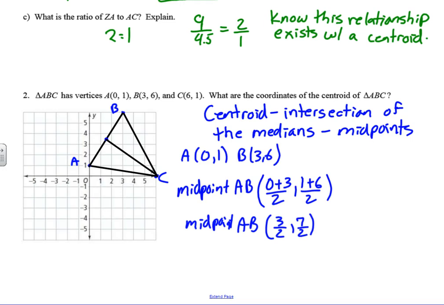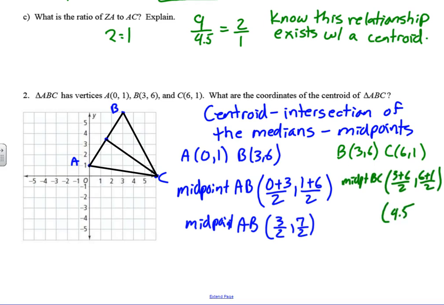And maybe next I'll do BC. So what would the midpoint of BC be? Well, B is 3, 6 and C is 6, 1. Let's do the midpoint. So the midpoint of BC would be 3 plus 6 divided by 2, 6 plus 1 divided by 2, which would be 4.5 and 3.5.